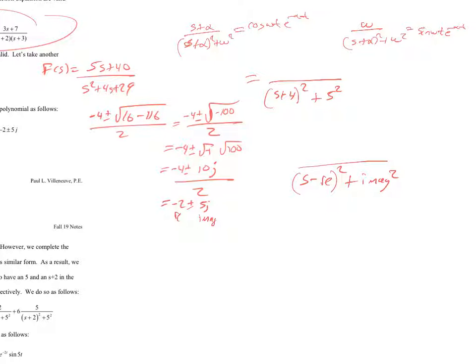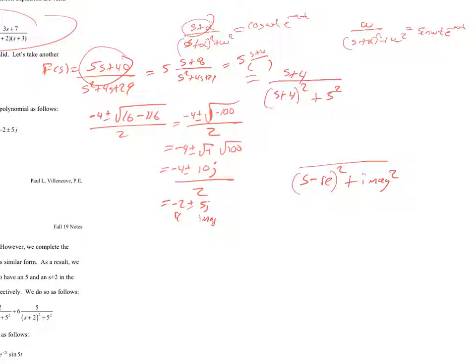Well, I've got 5s plus 40 here, right? This one says I need s plus 4, right? I have 5s plus 40. Isn't that 5 times s plus 8? Right? Which is equal to 5 times s plus 4 over that denominator.